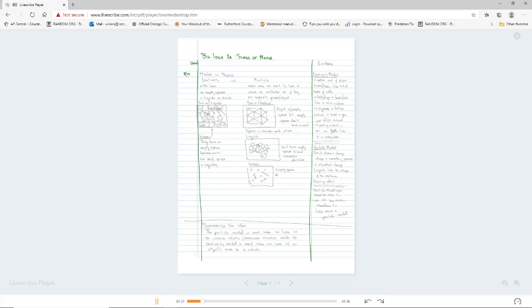So, as we start with this first big idea, our first topic for this class is the models that we're going to use. Models in physics are a key piece to all that we do.